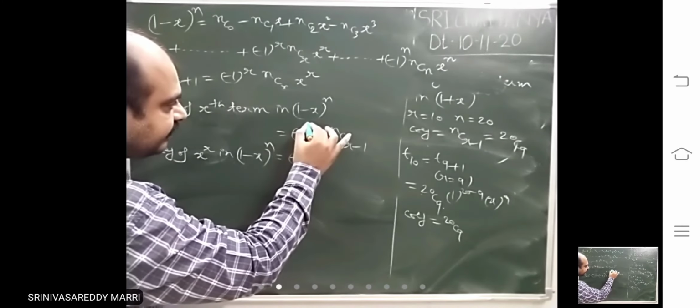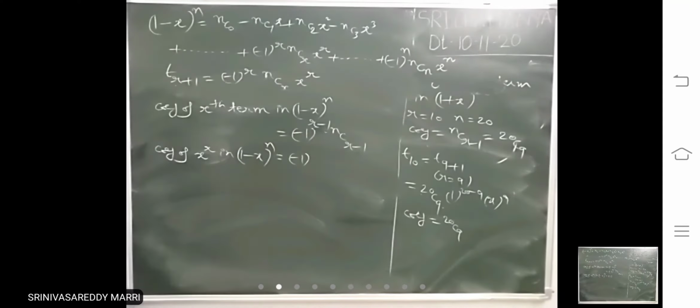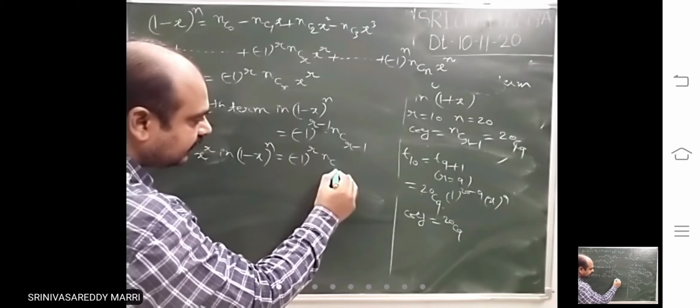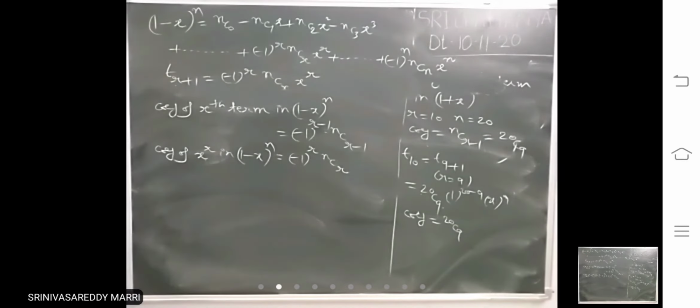Wait, here it is r minus 1, not r. Minus 1 whole power r minus 1 into nC(r-1). The coefficient of x power r is nothing but minus 1 whole power r into nCr.